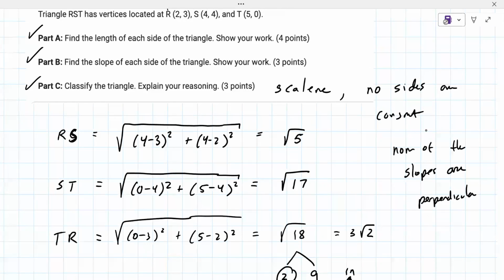For part C, the triangle is scalene because no sides are congruent and none of the slopes are perpendicular.